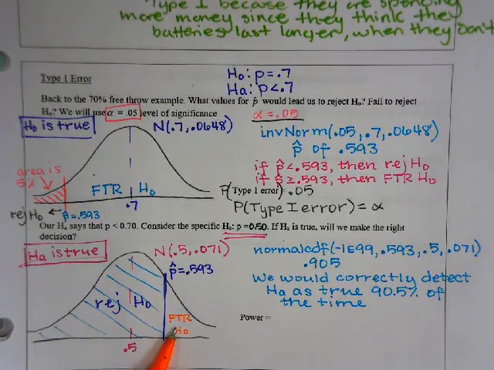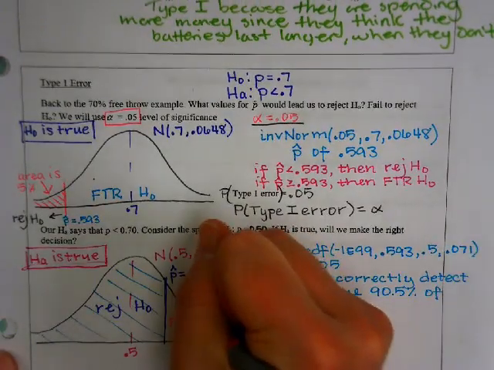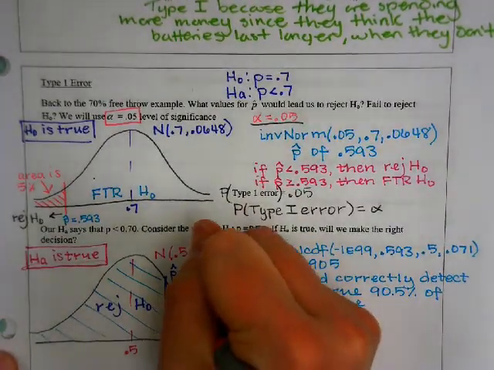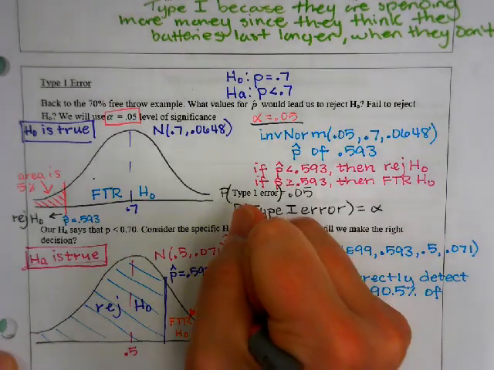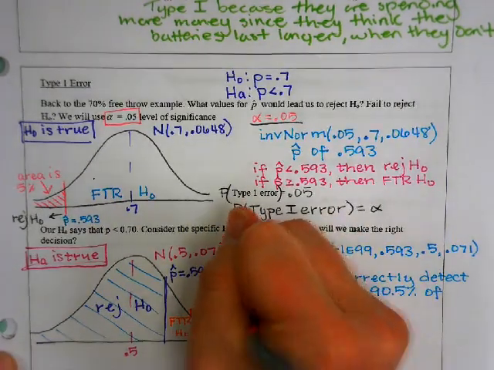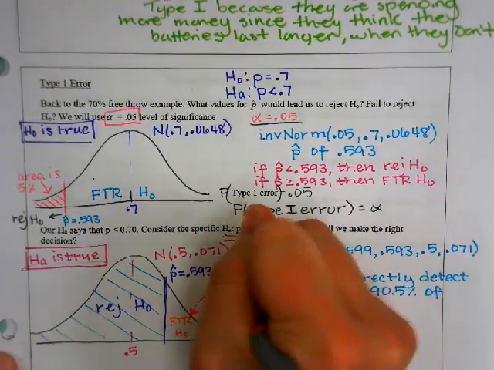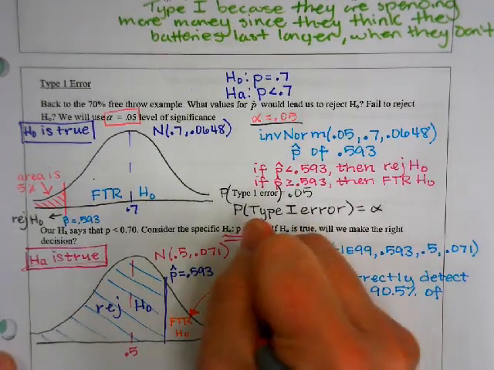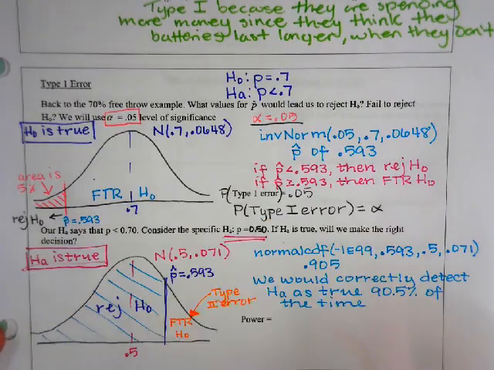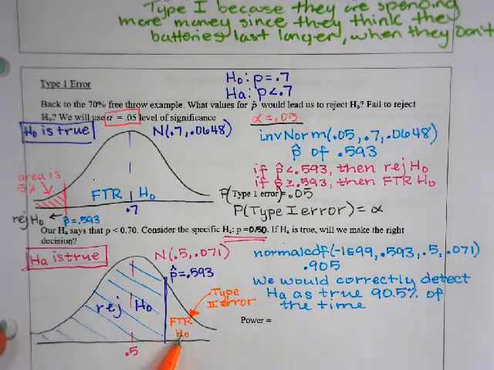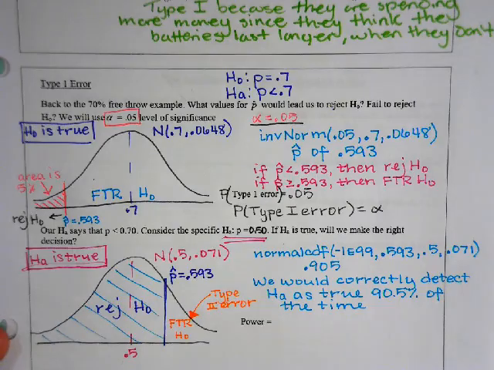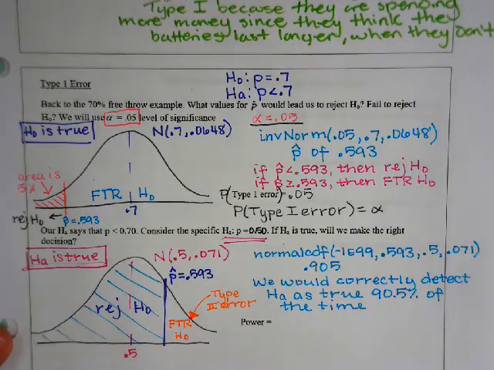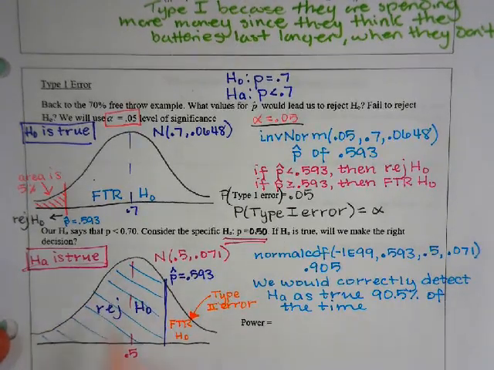What's the relationship between this area and this area? They add to 1, or in probability terms, they're complements of each other, right? If I subtract this from 1, I'm going to get this area. So the power of our test is also found using 1 minus the probability we make a type 2 error.